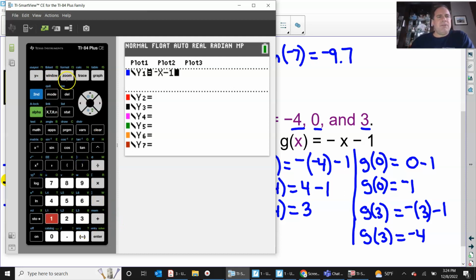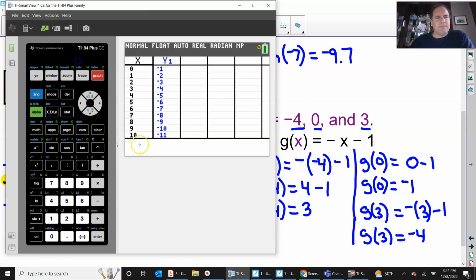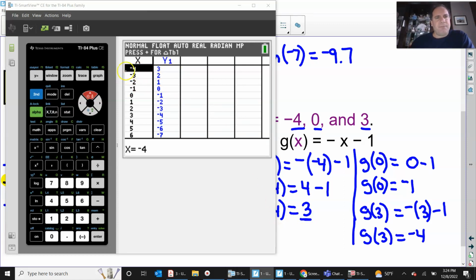We don't care what the graph looks like, so we press second function and table. We have this table right here. Do you see this negative 4? If we press up and see negative 4, look, it's 3. When x is negative 4, the y is 3. The output is 3.